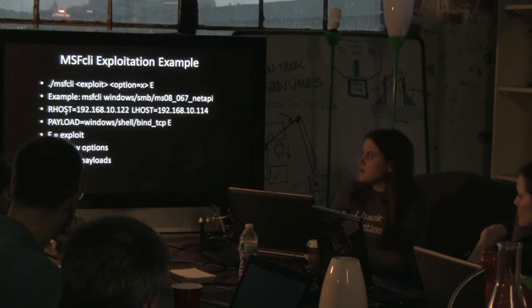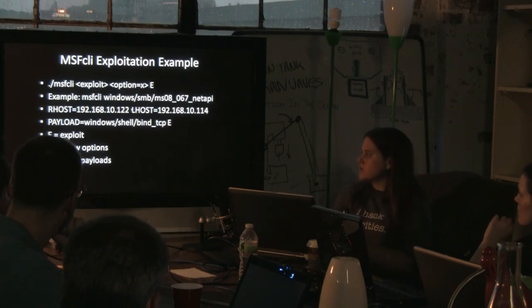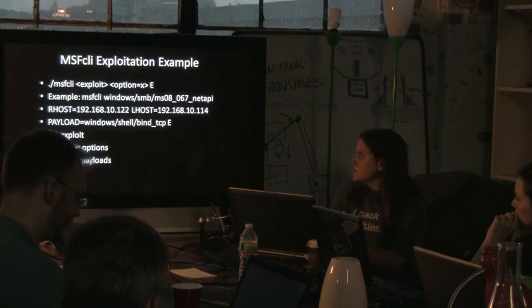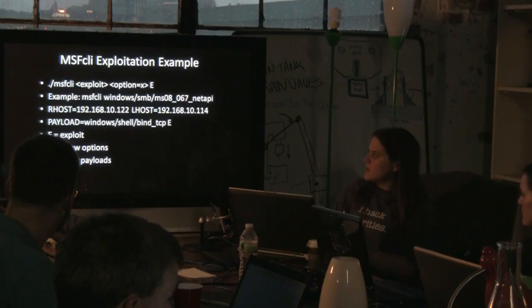So we would set our RHOST, which these IPs are from my old class, so they wouldn't even line up, and LHOST, and set our payload. In this case, you chose a bind shell, which again was the one where it just listens on a port for us. And then I would say E for exploit.